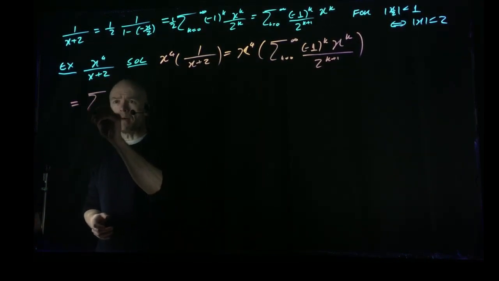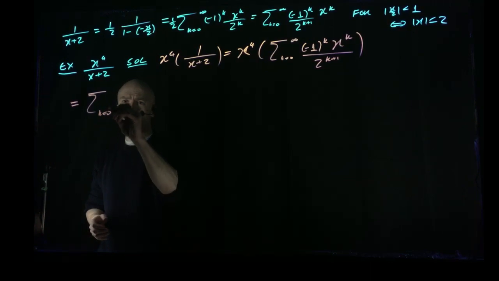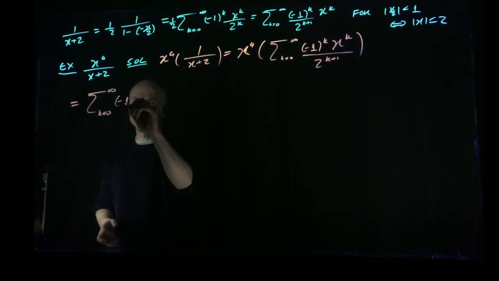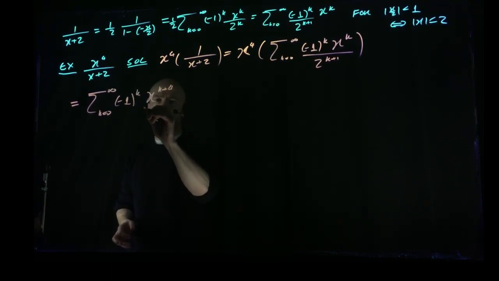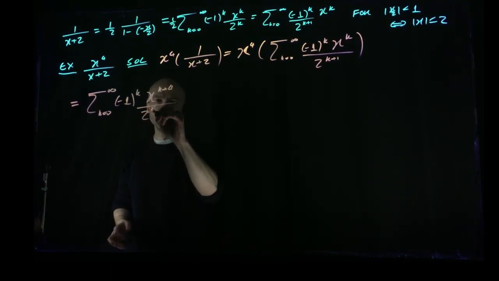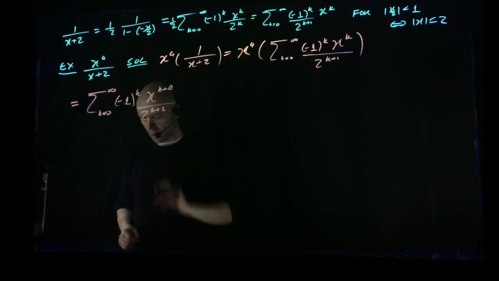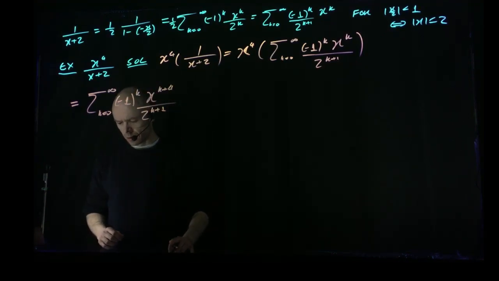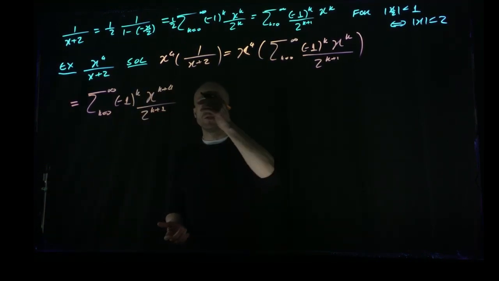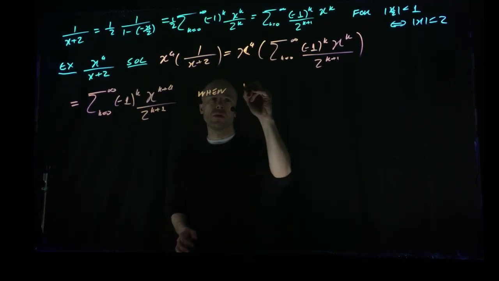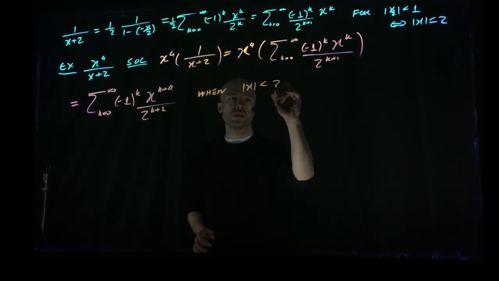So then this is the sum from k equals 0 to infinity of (-1) to the k, x to the k plus 4 over 2 to the k plus 1. And that's it. When is this true? This is true whenever mod x is less than 2.